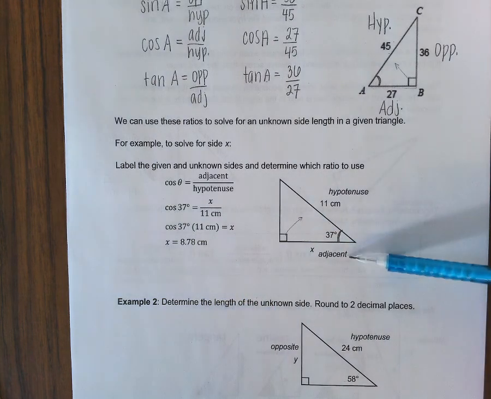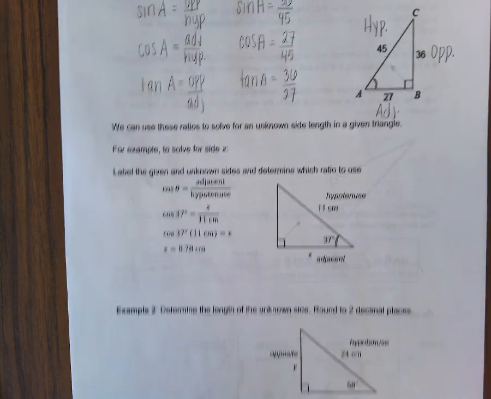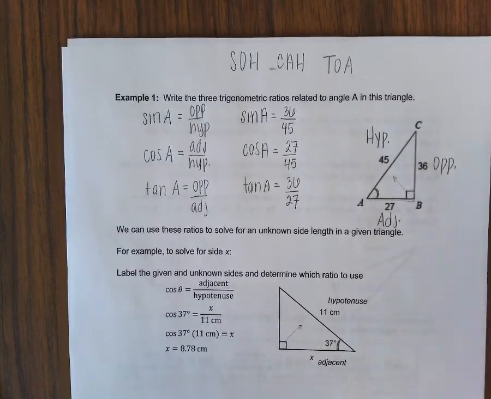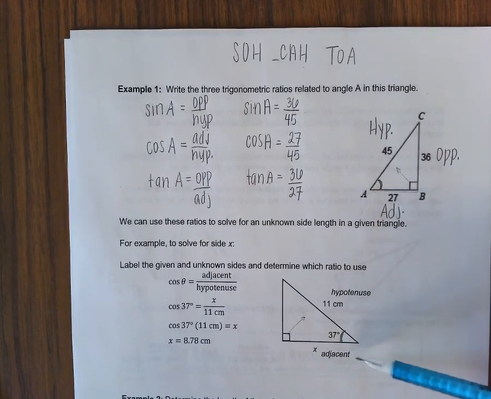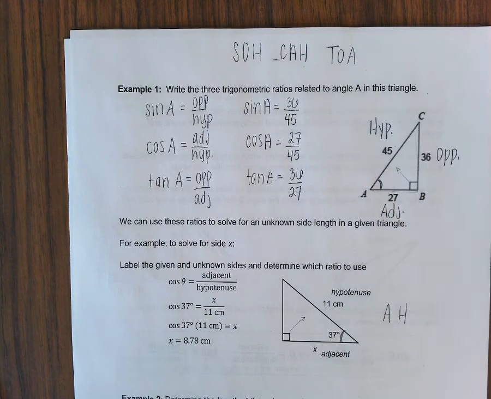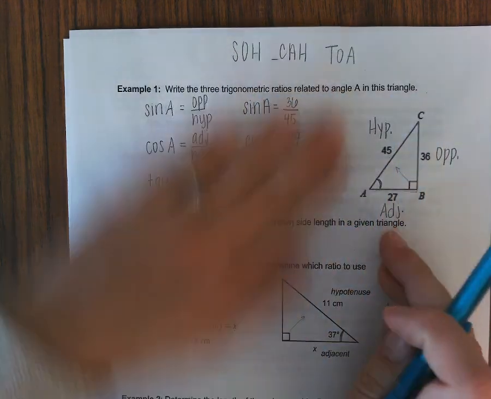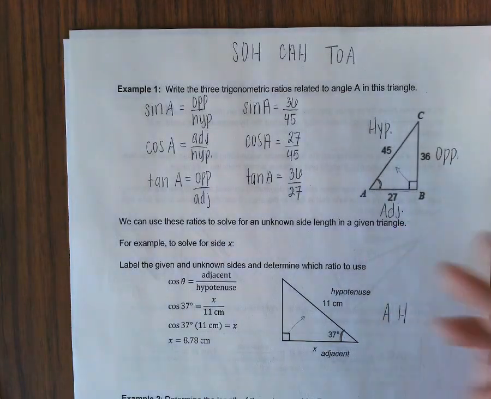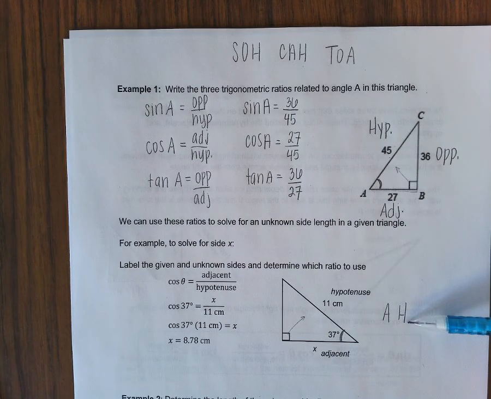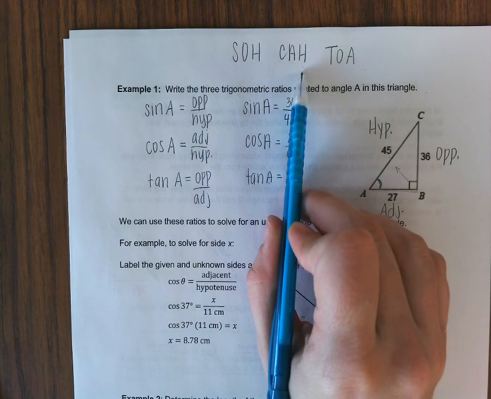Once I've determined what sides I'm going to be working with, then I can pick my trig ratio. In this case, I have A and H, adjacent and hypotenuse. So I'm going to look at my ratios and determine which one I want to use. Because I have A and H, I'm going to use cosine.